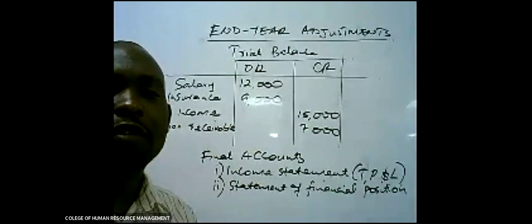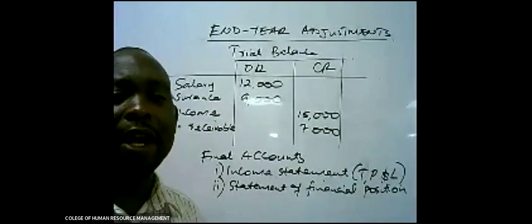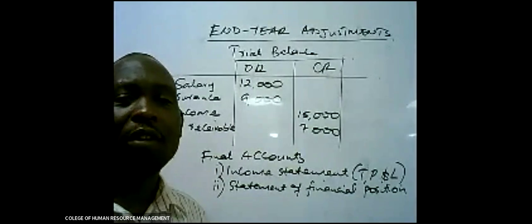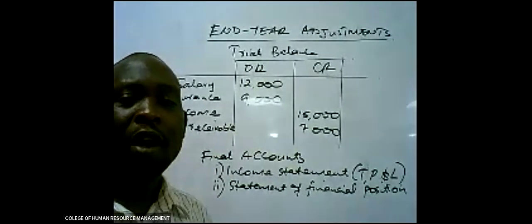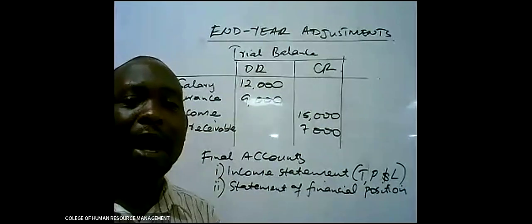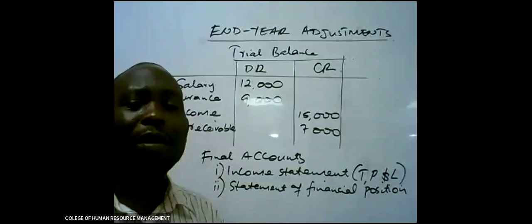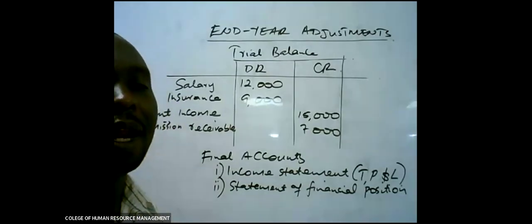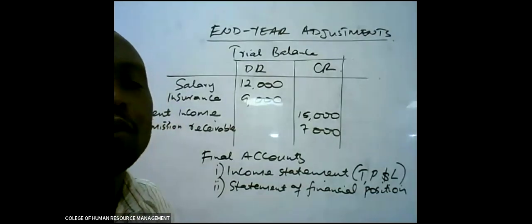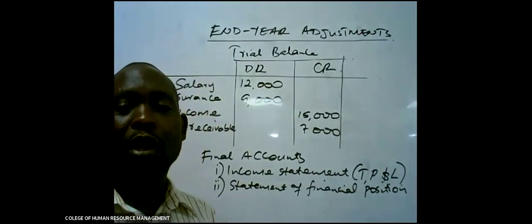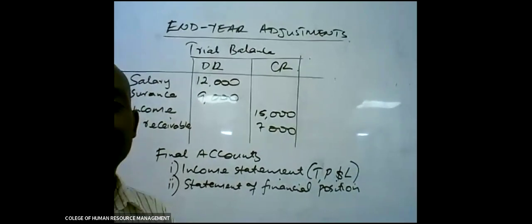We are going to witness that when the year has come to an end, either something has not been received or something has not been paid, or there is an amount that is supposed to be deducted from a particular item and all that. Those are the adjustments that we are going to make on the balances on the trial balance, and that is what we are going to be discussing this morning.